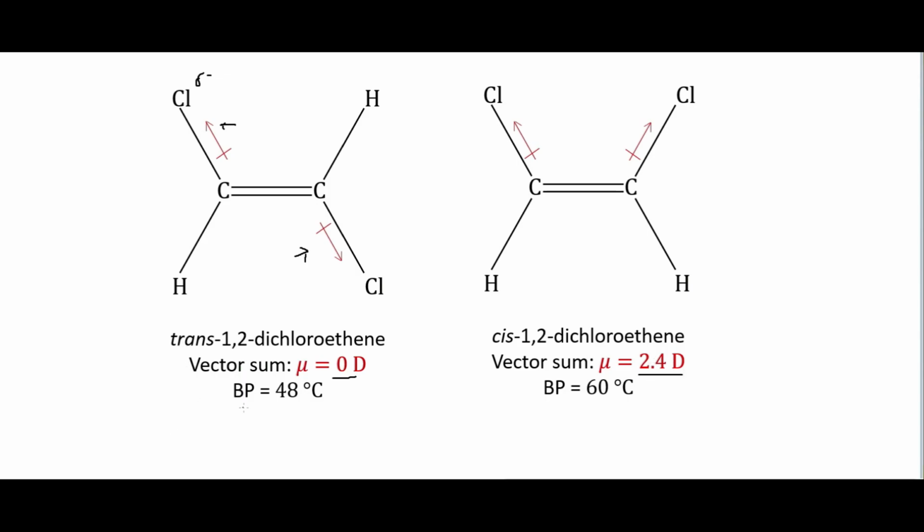And so we can actually measure this with the boiling point, where for the trans here, it's 48 degrees Celsius, where on the cis it goes up by 60 degrees Celsius, and that's because we're going to have these dipole-dipole interactions in the liquid here, and so that's actually going to increase the boiling point because there's going to be stronger interactions within it.